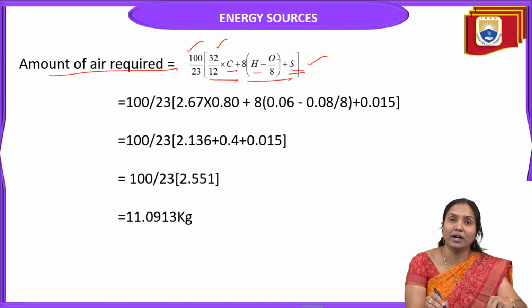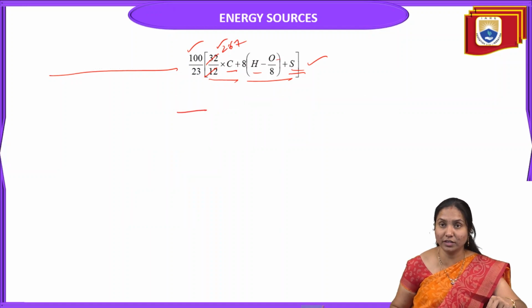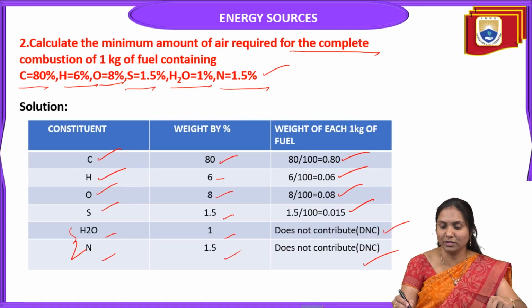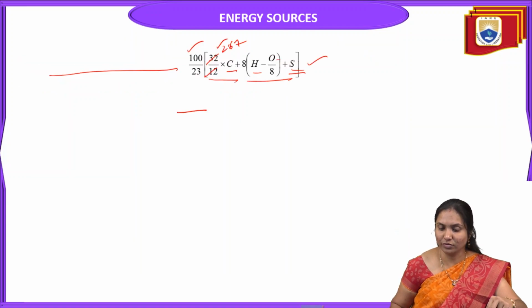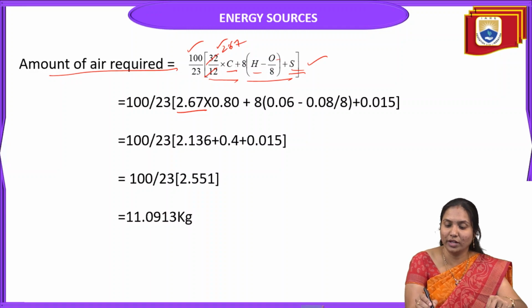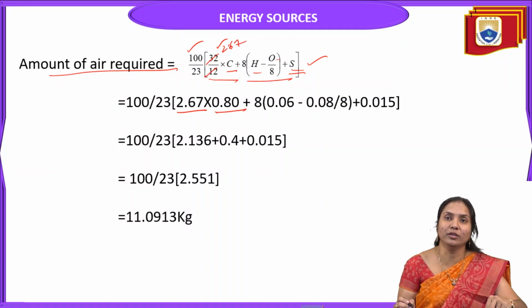So finally we get 100 by 23 into 32 by 12, which is 2.67, and the carbon given in this data is 0.80.